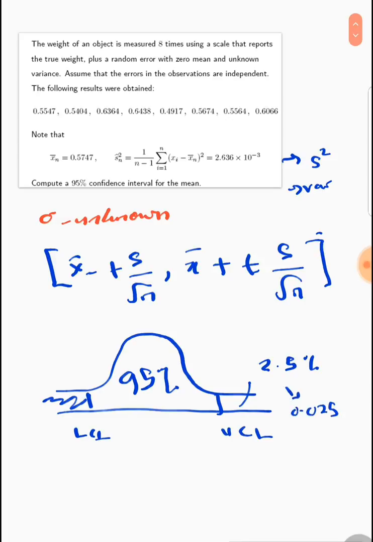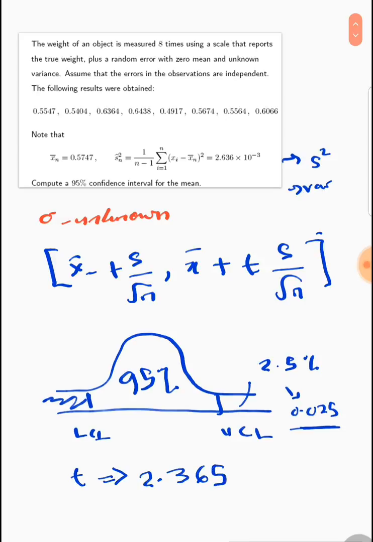Now you want to find the probability. If you look at your t table, you will see the t value at probability 0.025, and the table gives you 2.365.